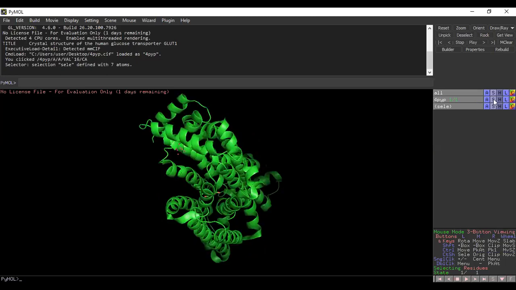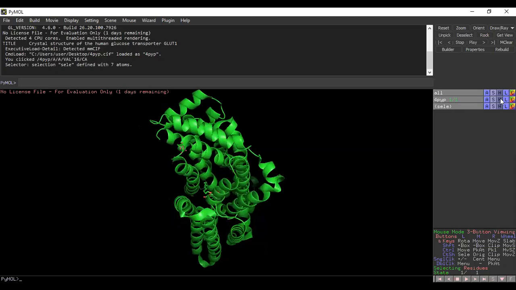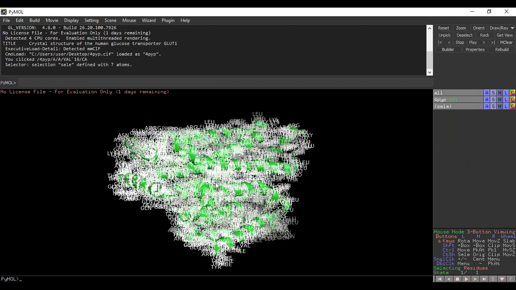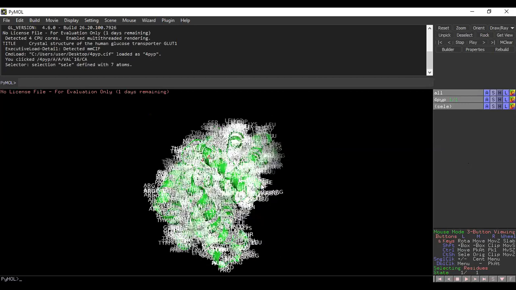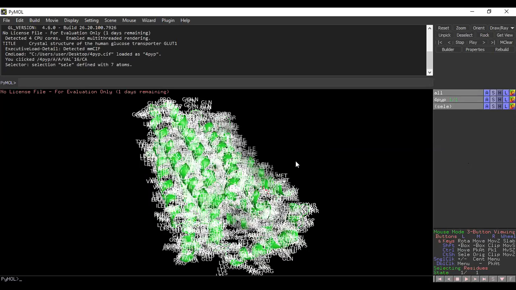If I label it, oh, it's not coming. See, can you see? So how many amino acids are present? Each has been labeled. You can select one region and see what all amino acids are present. So here they have labeled all the amino acids.